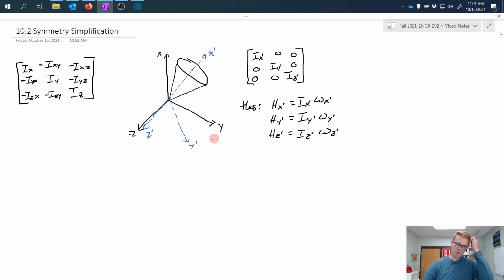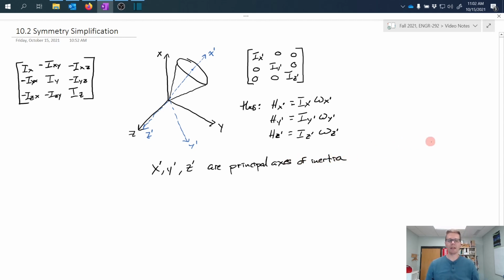These new axes that I've defined, x prime, y prime, and z prime, are called the principal axes of inertia. They allow us to really simplify that inertia tensor and our definition of angular momentum.